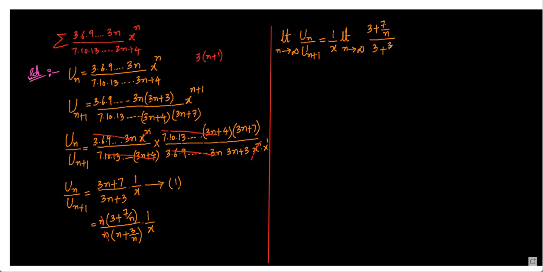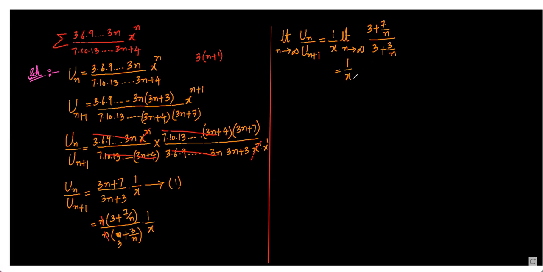Sorry, here also there was a mistake: n common means 3 is left here also. So if I apply the limit now, 7 by n and 3 by n will become 0 and 3 and 3 will cancel out. We are getting 1 by x only.